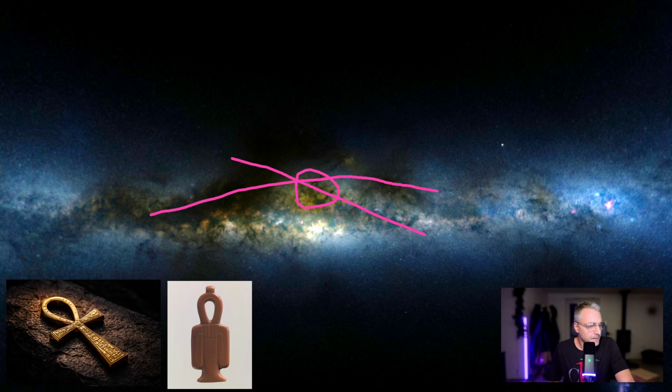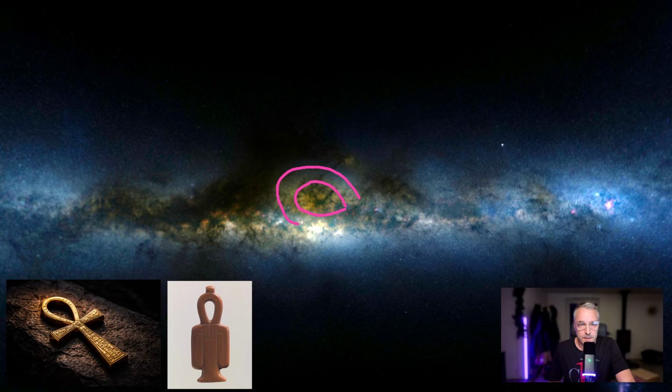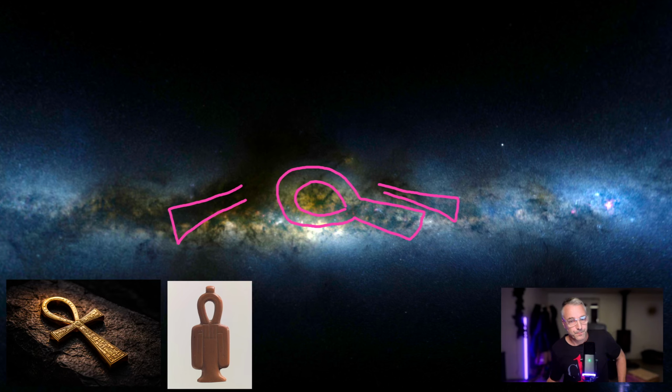All right. Let me draw the Ankh again. Here and here. So here we got the Ankh. And of course, with the two shadows here as the horizontal bar in the imagination.